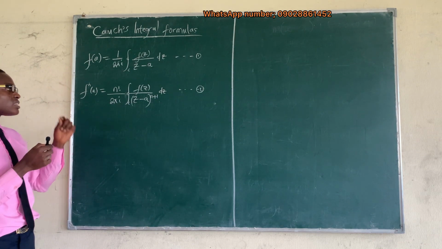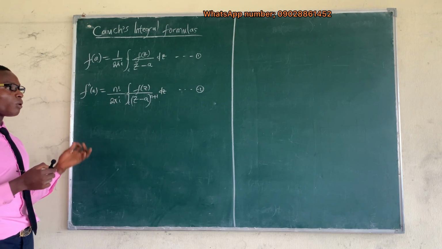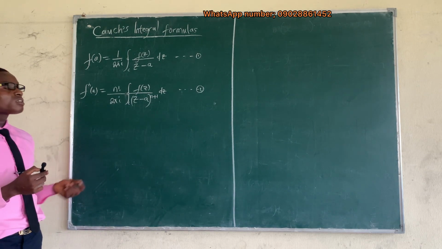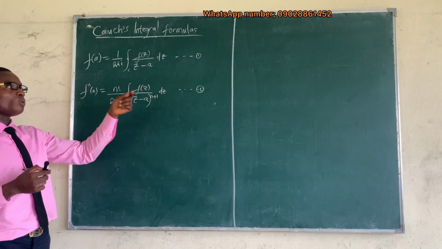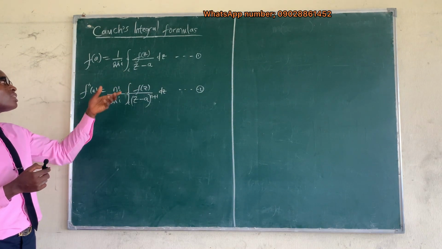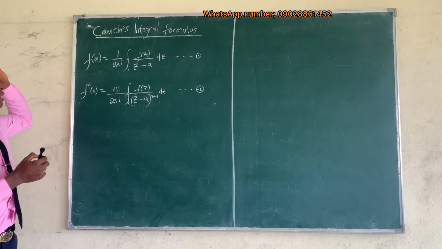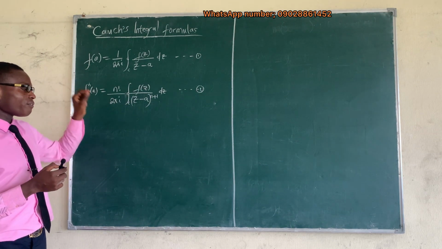We said a function is analytic if the denominator is not equal to 0, but in this case, even if z equal to a will give us 0, it is provided the singular point is interior to the curve C.